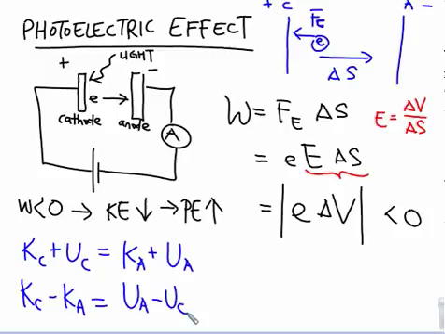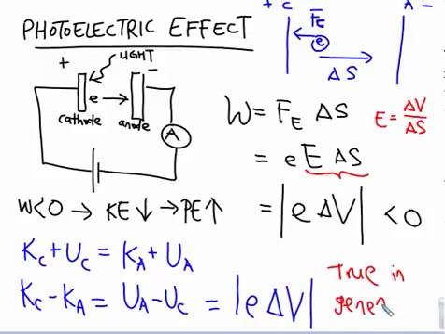And you see that essentially this says that the decrease in kinetic energy is equal to the increase in potential energy. There's a relationship between potential energy and work done, right? And that is simply that that increase in potential energy is due to the work done on the electron. So this is a relationship that is true, and it is true in general.